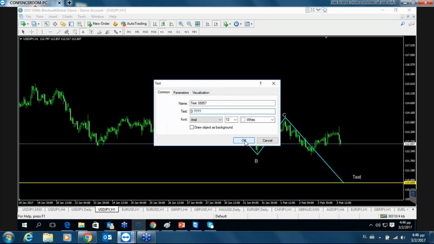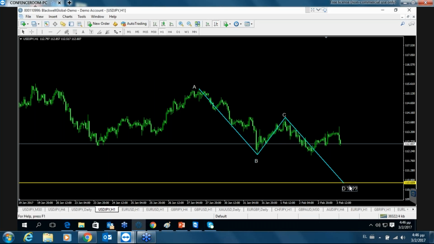We're not guessing, but we've analyzed the market a little bit more, understood the trend a little bit more, and are projecting the D to be potentially or probably at this area here. Why? Because AB equals CD is your first option.